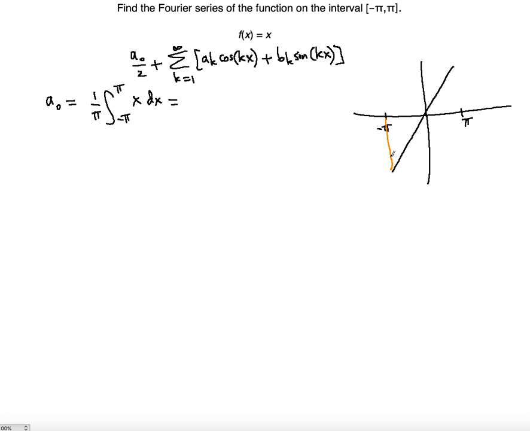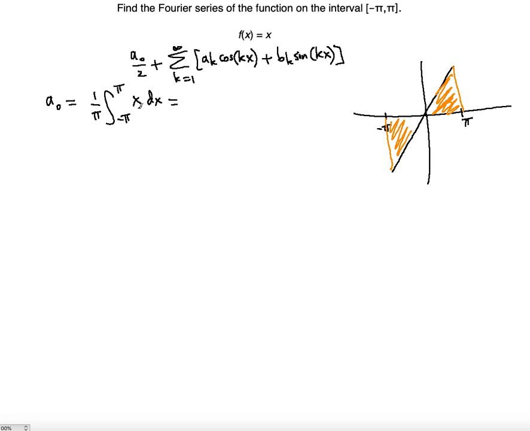The absolute value of the areas will be the same, right? So the absolute value of these two areas will be the same, because from negative pi to 0 is the same distance as from 0 to pi, right?